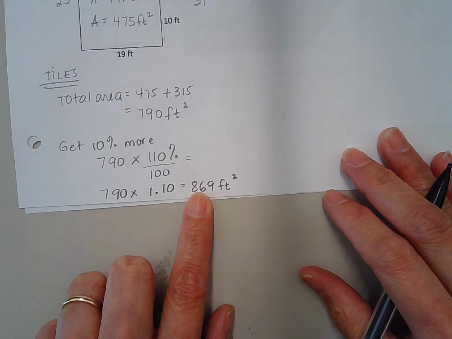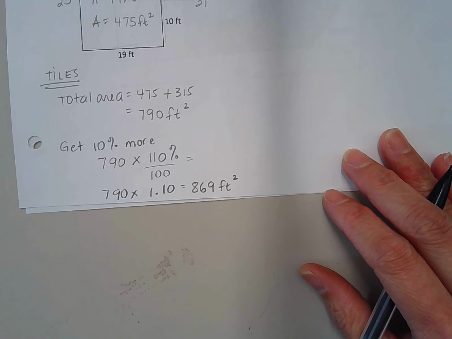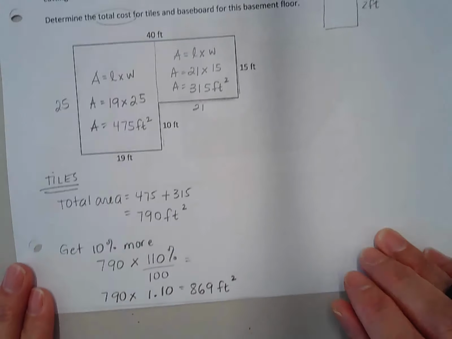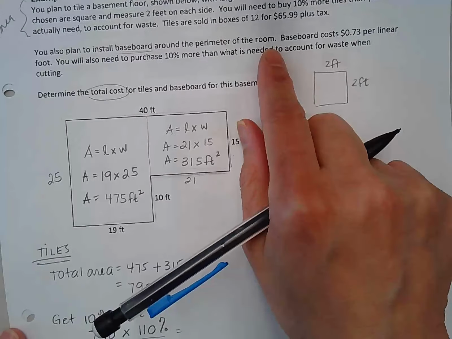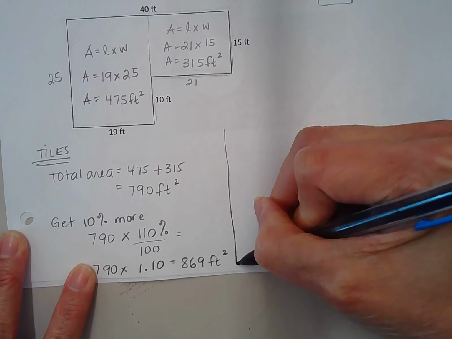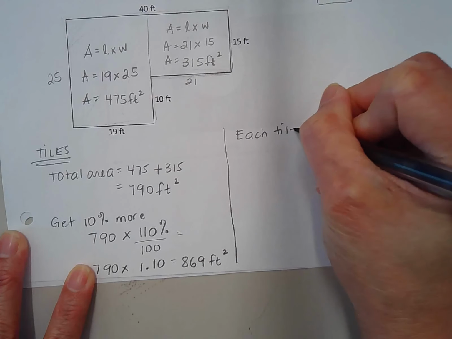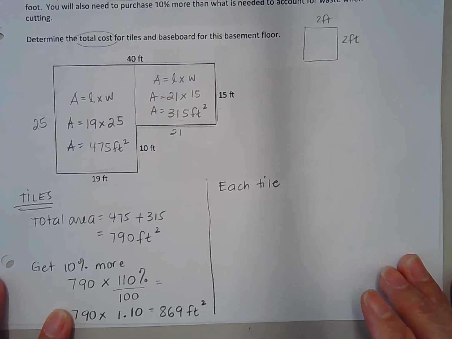Okay. Now the question is, how many tiles is that? Well, that's why I said this is a really lengthy one. Each tile is what area? How much does it cover?